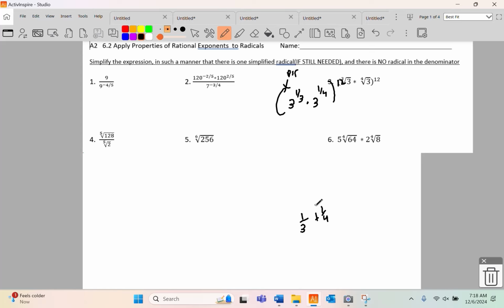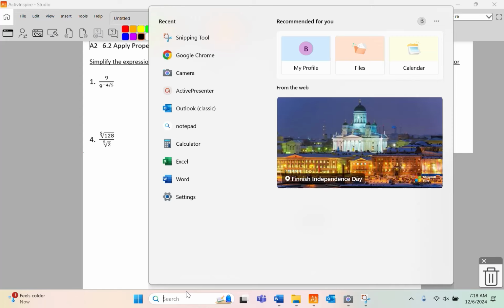Actually, I don't even need to worry about this because when I distribute the 12, those are going to disappear, so never mind. 1/3 of 12 is 4, and 1/4 of 12 is 3. So this one doesn't even need a radical. This is 3 to the 7th, which is a pretty good sized number. I'm not even sure what it is off the top of my head. Guess we'll find out.